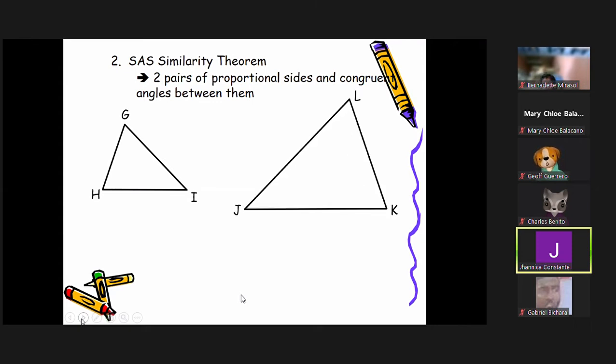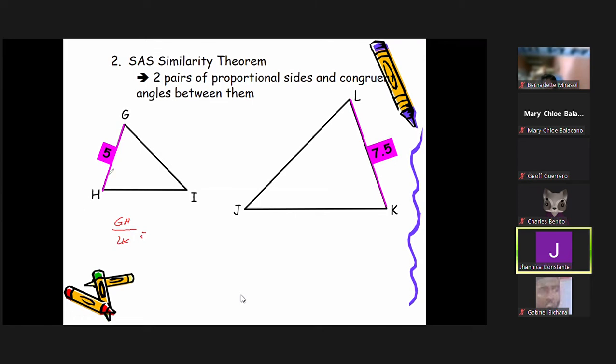GHI and triangle JLK. So say the measurement of GH is 5, LK is 7.5. Since these two sides of the triangle are corresponding, the same of what we did to the side, we need to solve for the proportion of the side GH and the side LK.